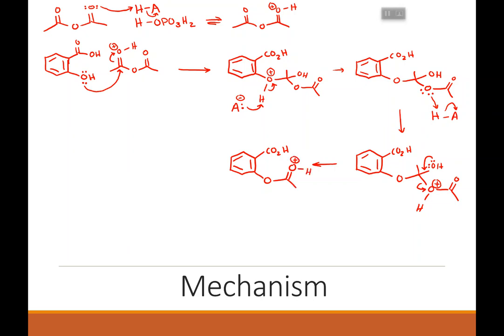So we have this protonated carbonyl here, and again, we also formed acetic acid at this point. That's a leaving group that got kicked out there.